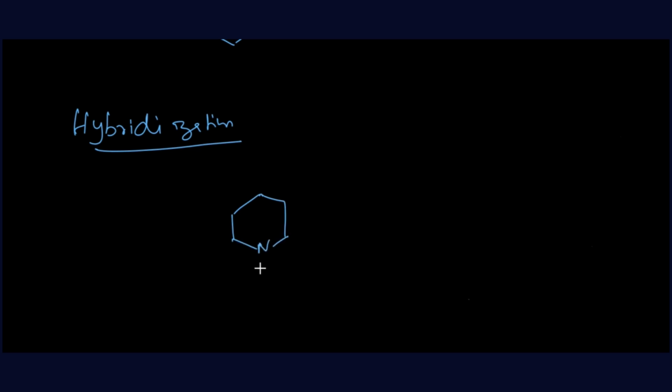Next, the last factor is hybridization. Now in hybridization, we are going to take three different nitrogen compounds here. This is sp3 hybridization of nitrogen, and here the nitrogen hybridization is sp2.